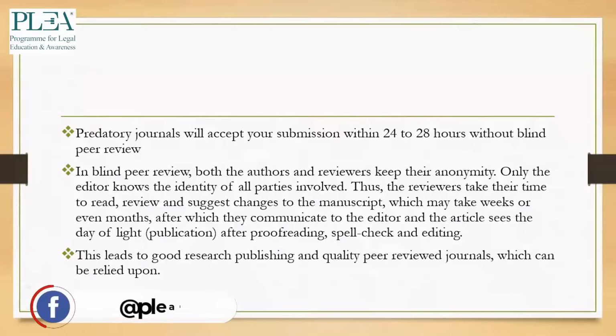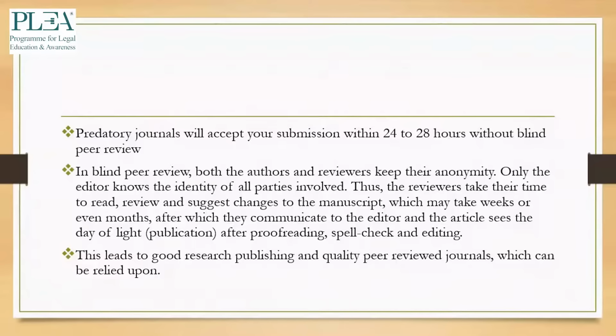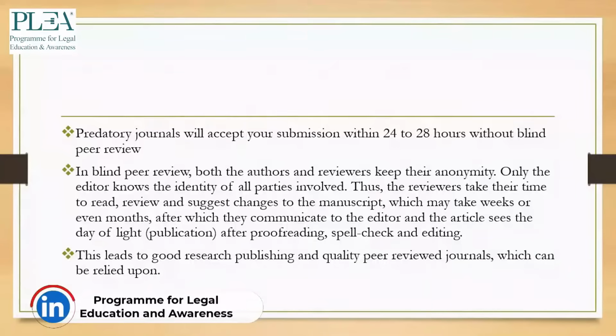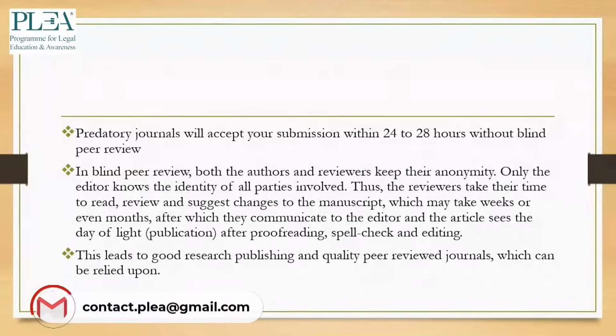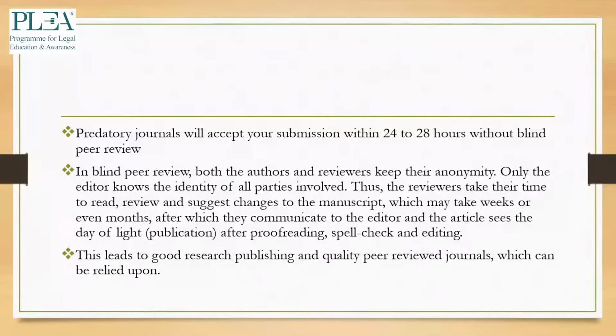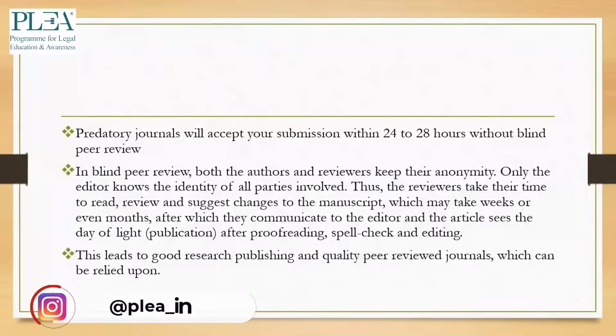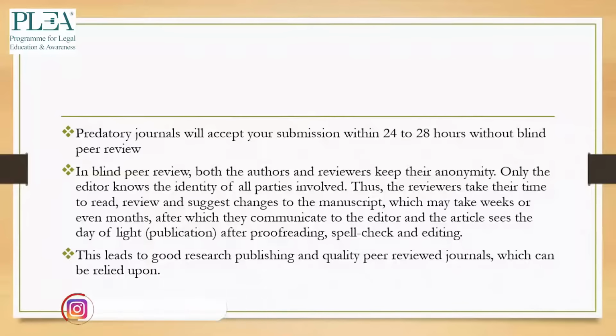Thus, the reviewers take their time to read, review, and suggest changes to the manuscript, which may take even weeks or months, after which they communicate to the editor that this particular manuscript is good to go. Let us go ahead with this article, let us go ahead with this research paper. Only then the article sees the light of day, that is, publication. So this entire process takes a lot of time.